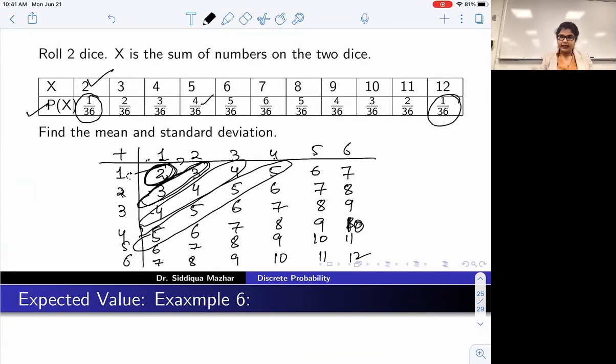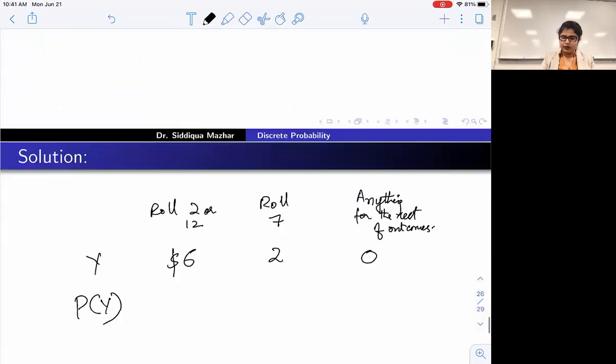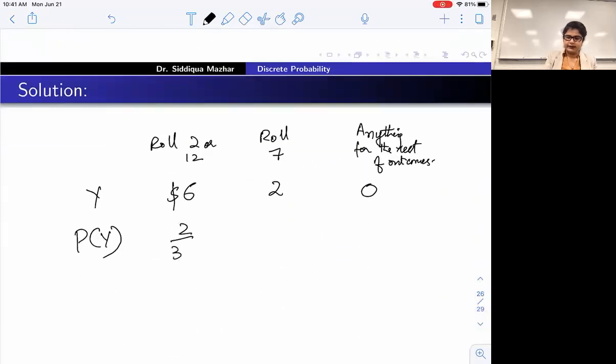Do you remember the probability of event A or B, the addition rule? We get the probability of the first event plus the probability of the second event. Same thing we are doing here. So 1 by 36 plus 1 by 36 gives you 2 by 36. This is the probability for rolling a sum of 2 or 12.